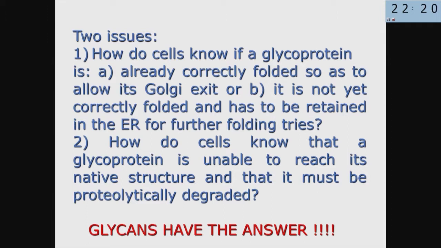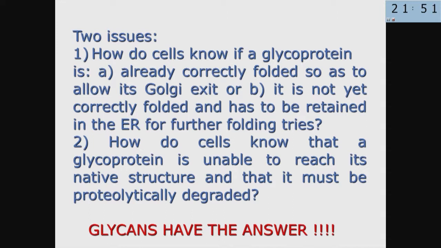There are two issues here that have interested my group. The first is, how do cells know if a glycoprotein is A, already correctly folded so as to allow its Golgi exit, or B, not yet correctly folded and has to be retained in the ER for further folding tries? And two, how do cells know that a glycoprotein is unable to reach its native structure and that it must be proteolytically degraded?